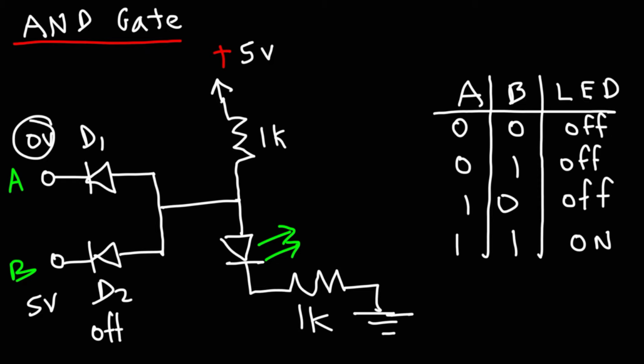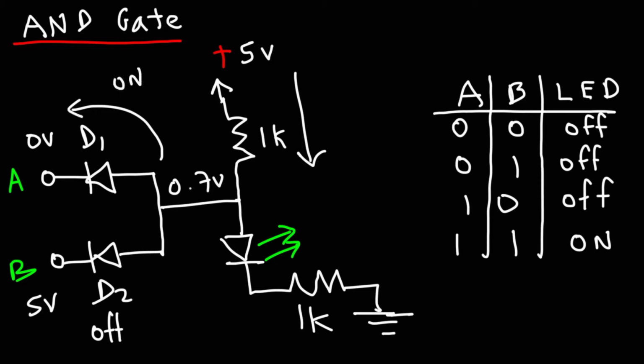Now A is at 0 volts, so that means this is at 0.7 volts. Current can flow from 5 to 0.7 volts, so current will be flowing through D1. D1 is on. Now the electric potential at the ground is 0 volts. So notice the potential difference across the resistor and the LED is 0.7 volts.